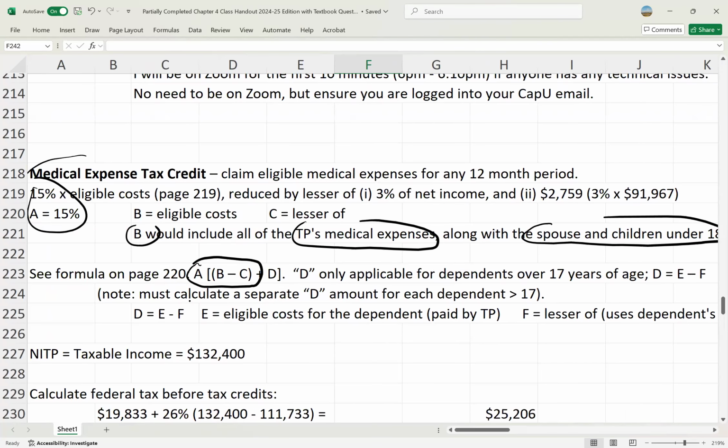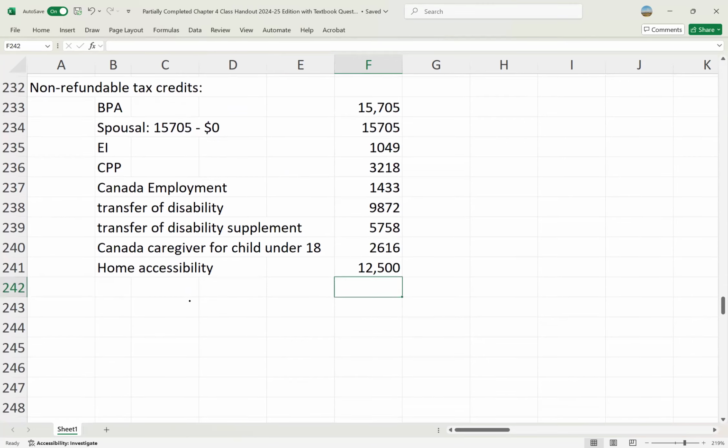So similar to what we did before, we're just going to add up all the tax credits and then multiply it all by 15%. So what we need to do now is figure out what is B minus C. So let's look at the medical expenses.